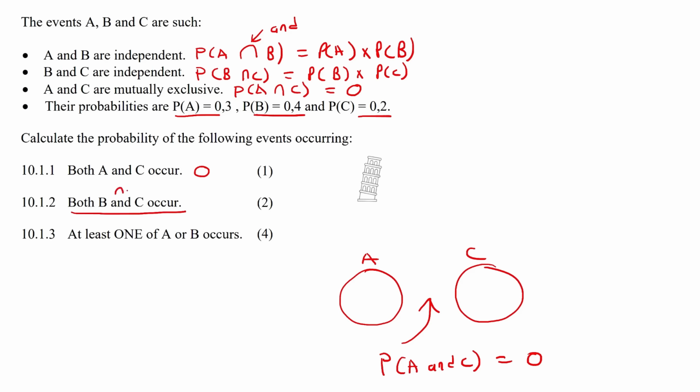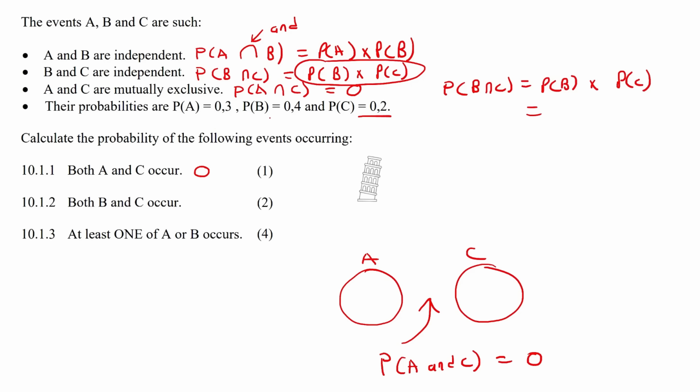Well, it says B and C, and so you're just going to do this, and so the probability of B and C is going to be the probability of B multiplied by the probability of C. The probability of B is 0.4, the probability of C is 0.2, and so if we then go and multiply this, we end up getting 0.08.